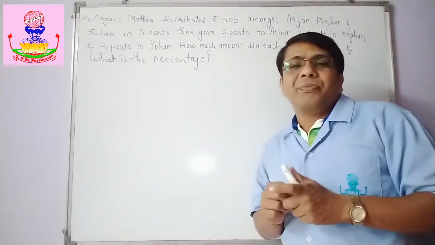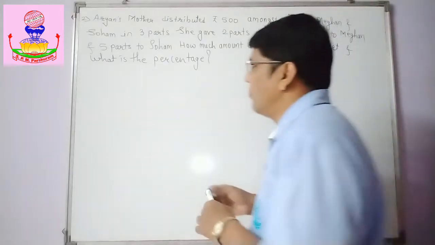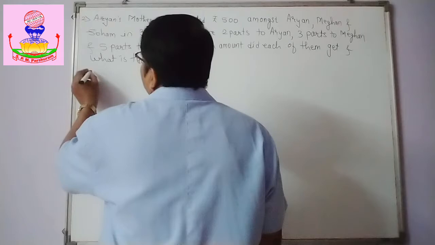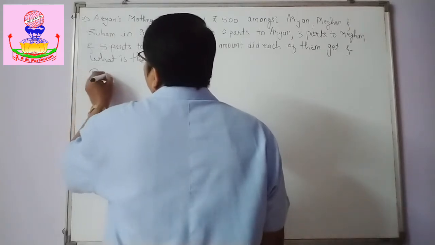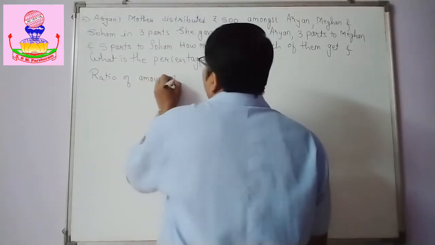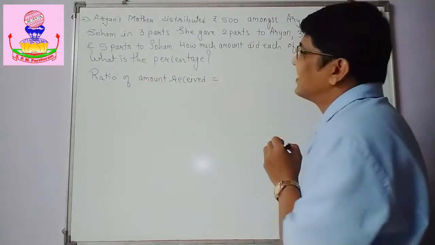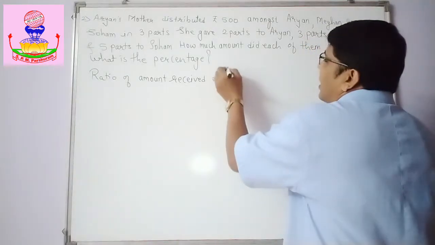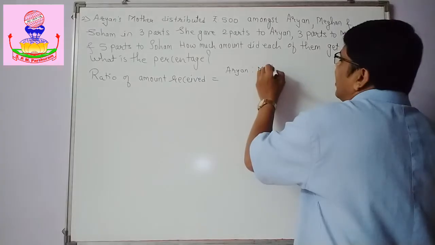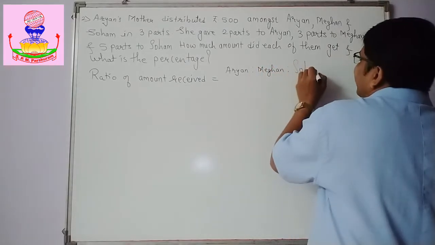So these 3 guys, what did they do? They wrote all these parts in the form of ratio. Okay, so first they got the ratio. Ratio of amount received is equal to Aryan is to Meghan is to Soham.